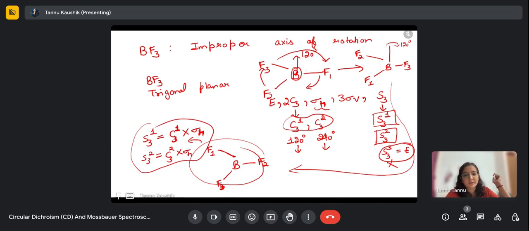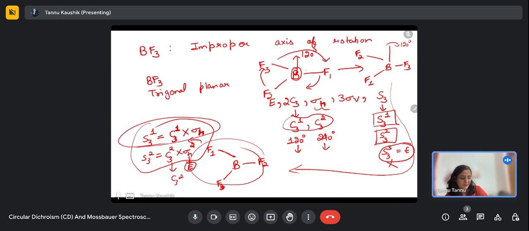Okay, you are saying sigma h square. Now sigma h square is equal to identity, so we will end up with just C32. Yes. So we will have only one improper axis of rotation that way.